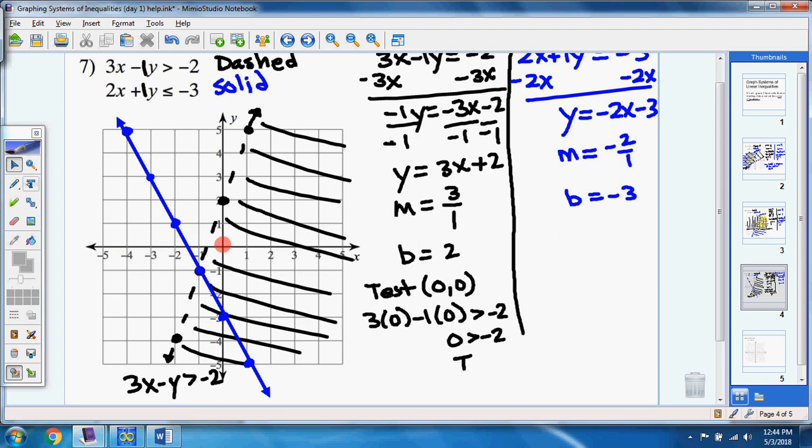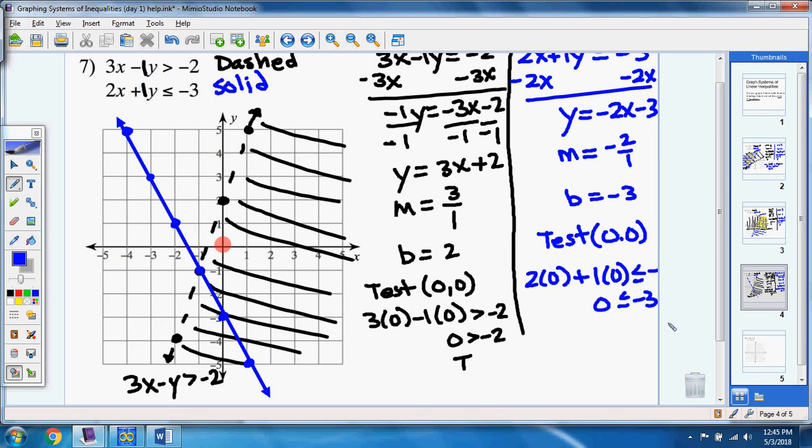All right, so for the blue line, the original, the solid, we're going to test 0, 0. That's 2 times 0, plus 1 times 0 is less than or equal to negative, whoa, it's supposed to be negative 3 right there. So 0 is less than or equal to negative 3.